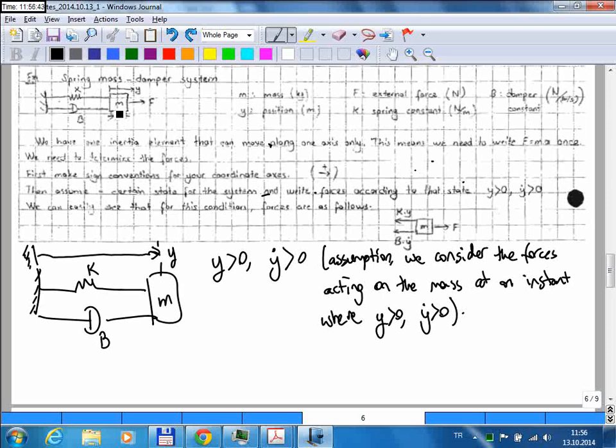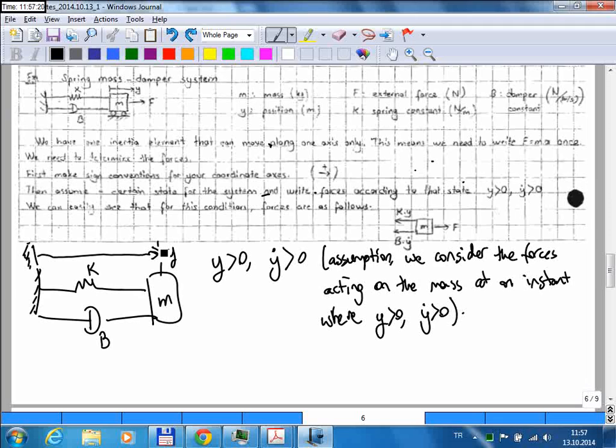When you look at that snapshot, for this case, only one variable is sufficient to tell its position, and that would be the position of this mass along this axis. If I measure the position with respect to some fixed reference, this y value, it is like half a meter, I don't know, 2 meters. That number by itself is sufficient to completely describe that picture. So that means that system was a 1 degree of freedom system.